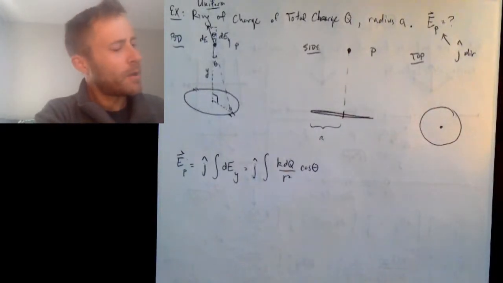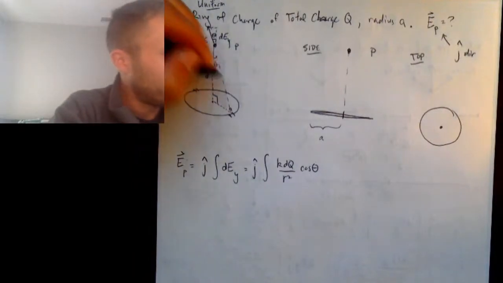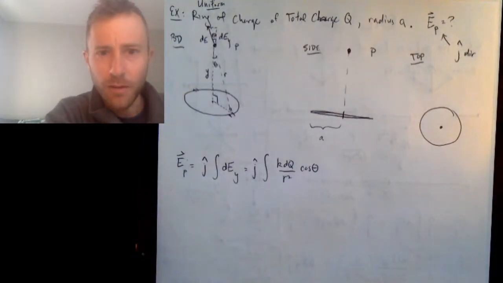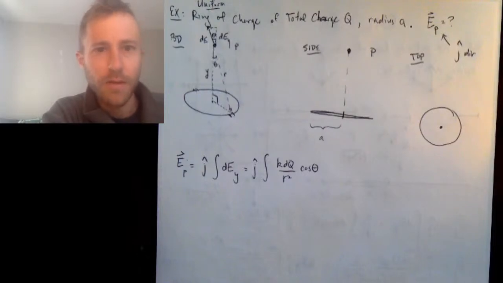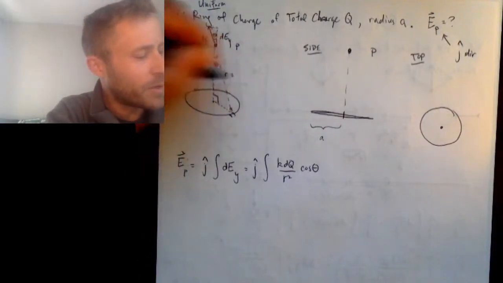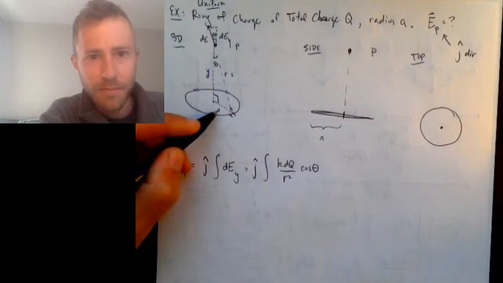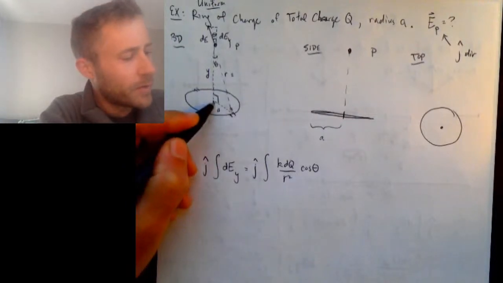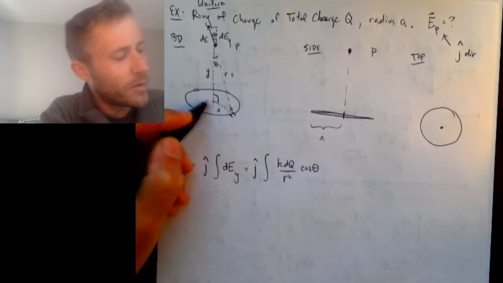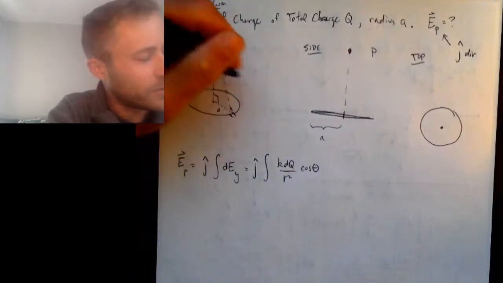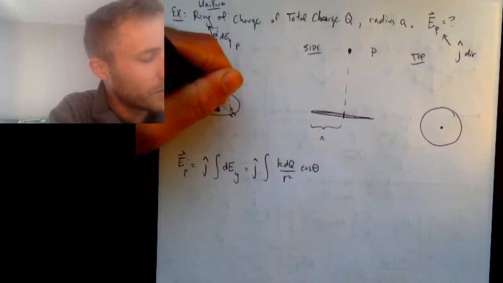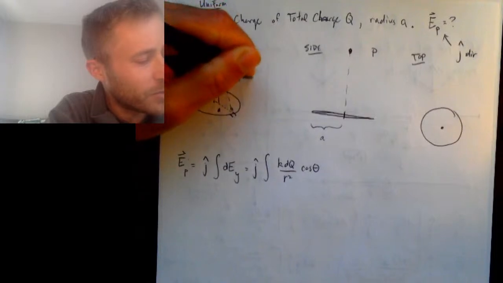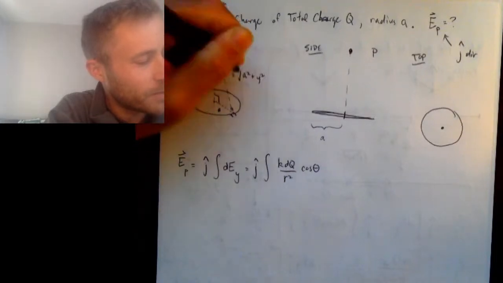So this distance right here would be R. And from the Pythagorean theorem, this is A. So this distance right here is the square root of A squared plus Y squared.